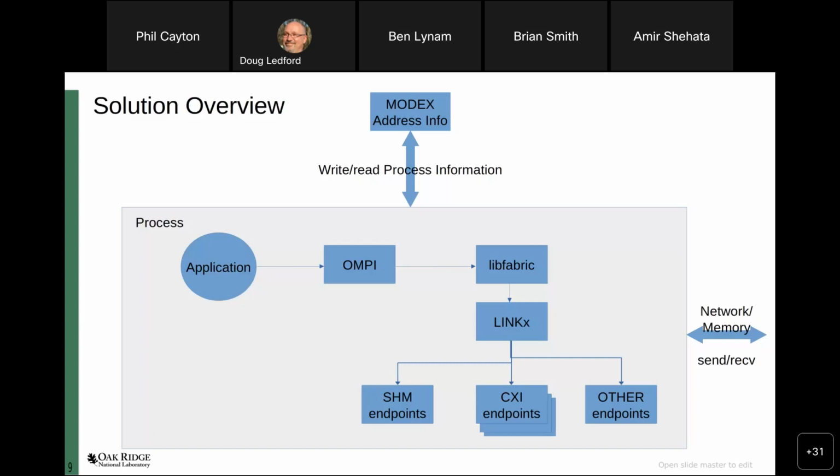This line of investigation led me to considering a layered style provider which would link both the shared memory provider and the CXI provider. This approach would require minor changes to both providers, and it would also prove to be generic because it could theoretically be expanded to link multiple providers and even be used to implement multi-rail.